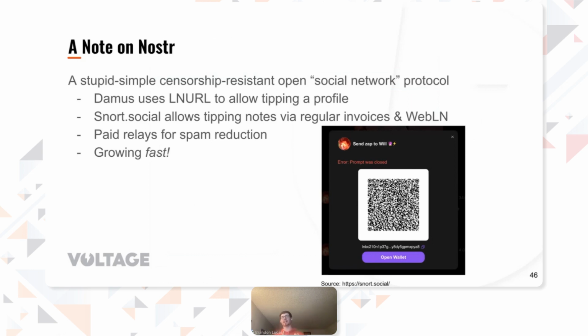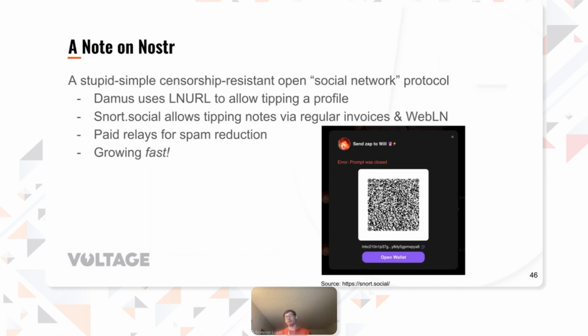And this was created as essentially a Twitter alternative, but a censorship-resistant Twitter alternative, and one that's not a company, one that's a protocol, right? So anybody can build on it. And because it's so simple, a lot has been done on it in a relatively short amount of time, which is really exciting. So this has been moving very fast.